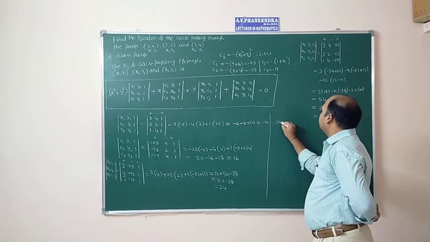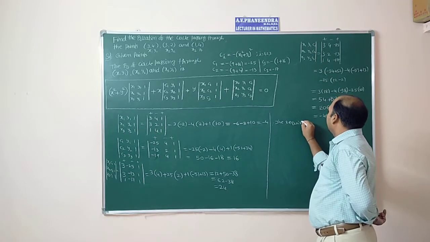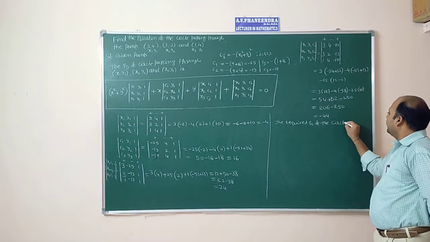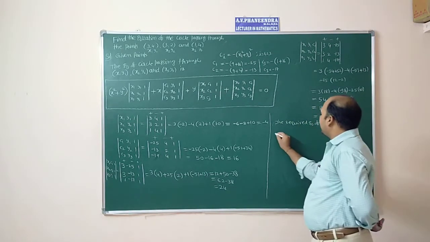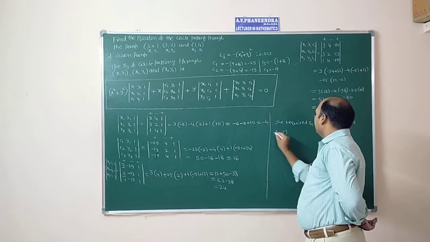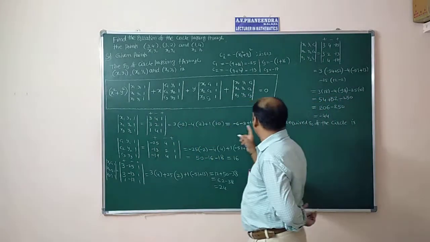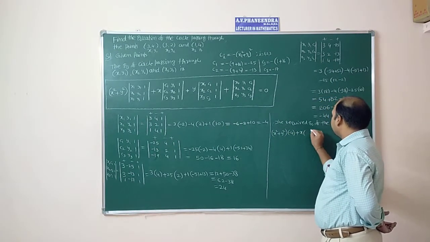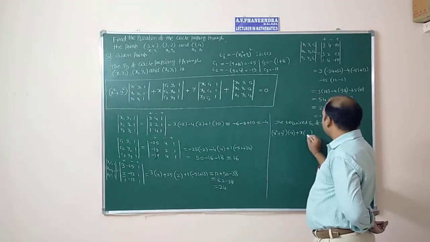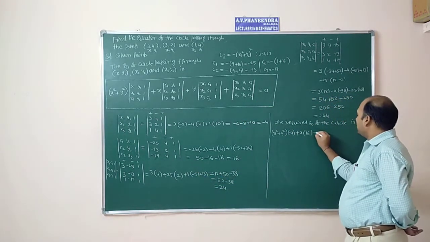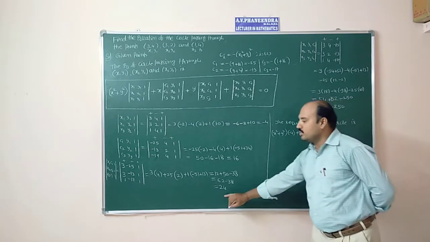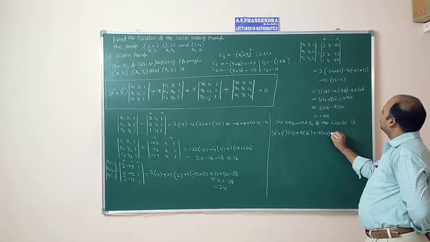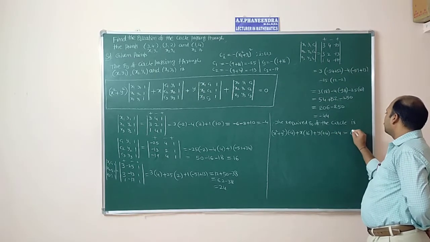Therefore, the required equation of the circle is (x squared plus y squared) into the first determinant value, minus 4, plus x into the second determinant value, 16, plus y into the third determinant value, 24, and the last determinant, minus 44, equal to 0.